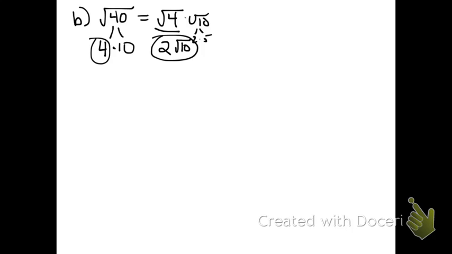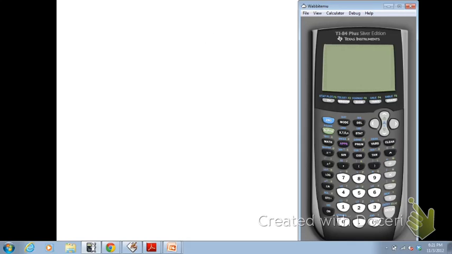Now there's an easy way to check, if you have a calculator, any calculator, scientific or graphing, to make sure that you've simplified these correctly. What I would do to check the square root of 40 and 2 square roots of 10, to make sure they were equivalent, is type into my calculator, let's turn it on first here, the square root of 40 and just see what that is.